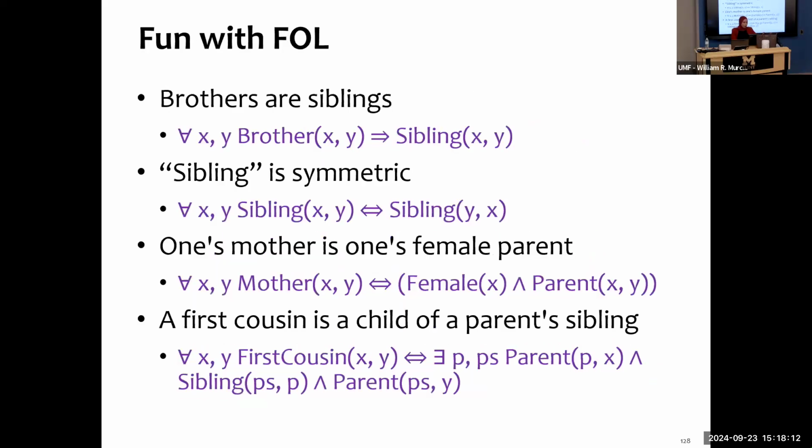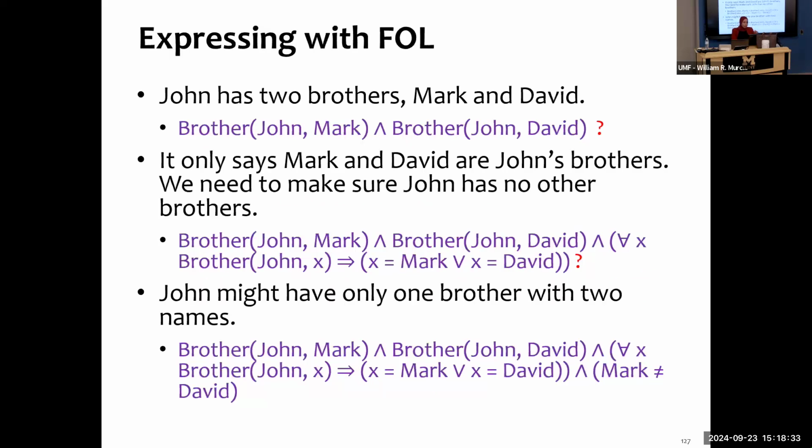So we move now to more fun with first order logic. Brothers are siblings. When we have something which is in some term, we are not in the previous case where we say Mark and David; we are specifying something.